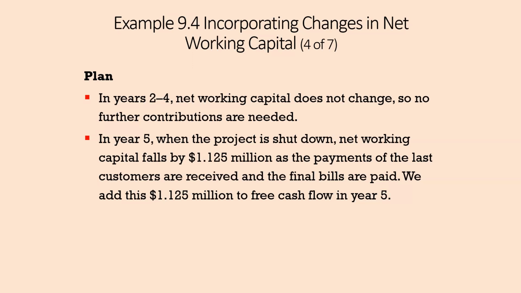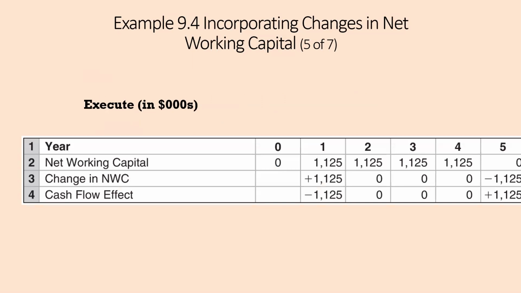We add this $1.125 million to free cash flow in year 5. So as you see, during years 2 through 4, there is no alteration in net working capital.